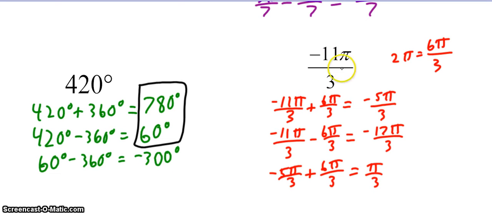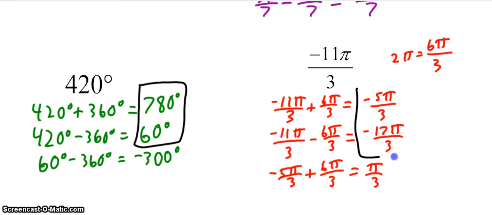I did a similar thing with negative 11 pi over 3. Similar to the other radian problem, I first figured out what 2 pi is with a denominator of 3. That is 6 pi over 3. So I take negative 11 pi over 3 and add 6 pi over 3. That's negative 5 pi over 3. Then I take negative 11 pi over 3 and subtract 6 pi over 3, and that's negative 17 pi over 3.